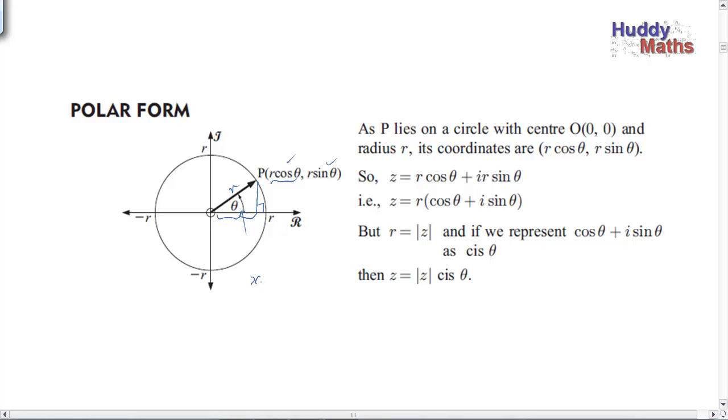So x over r is the cos of theta, adjacent over hypotenuse, so x equals r cos theta, and here the y coordinate is the opposite, so opposite over hypotenuse is the sine of theta.